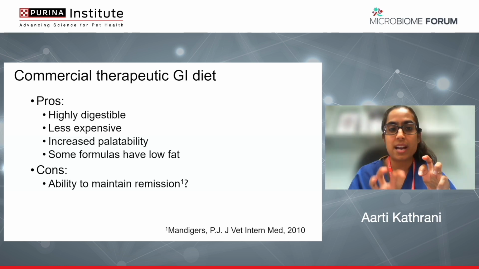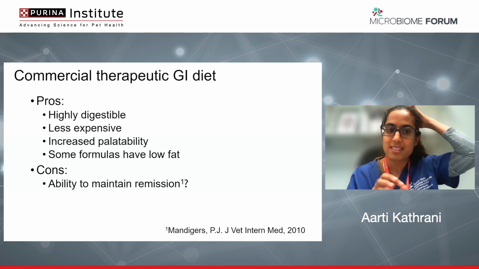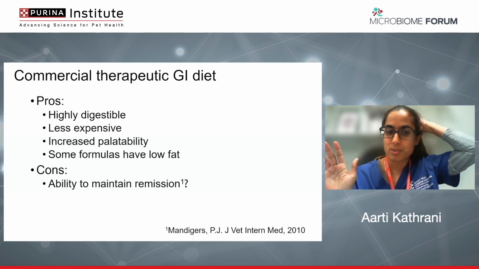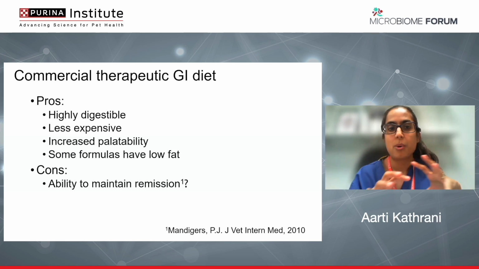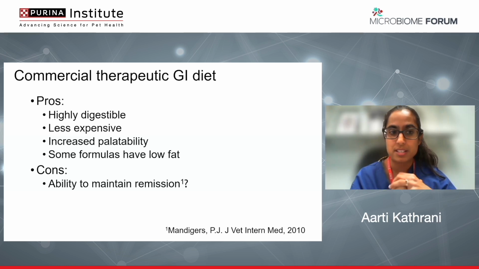But why this is particularly pertinent in the UK is we don't have, and we'll talk about this when we talk about the hydrolyzed categories, a lot of options for low fat hydrolyzed. So this category is a little bit more advantageous for us in the UK, because it has low fat formulas, which can be helpful when you want a low fat strategy.